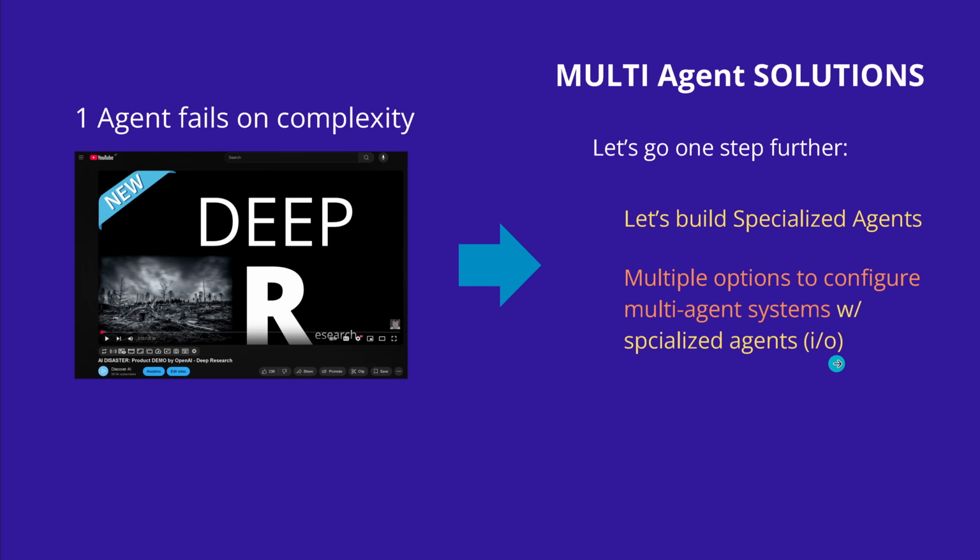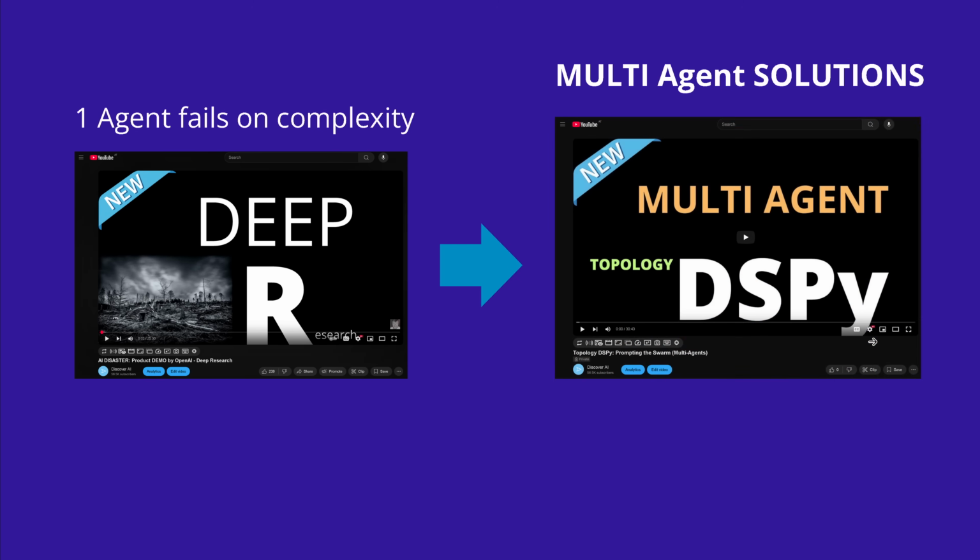Whatever is the input-output of one agent to the next agent, we have options for how to configure this multi-agent system. And this was then the task for my next video.